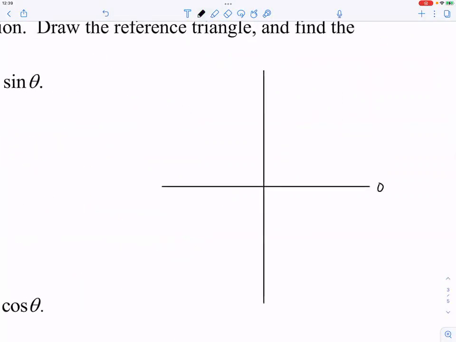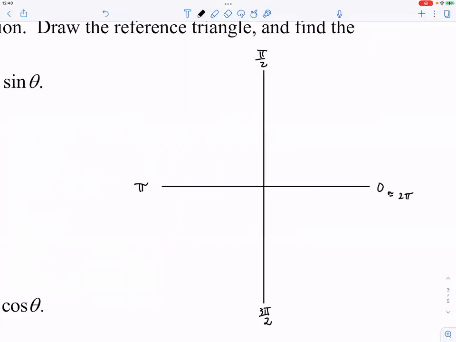Please go ahead and label 0, pi/2, pi, 3 pi/2, and of course at the end it'll be 2 pi.